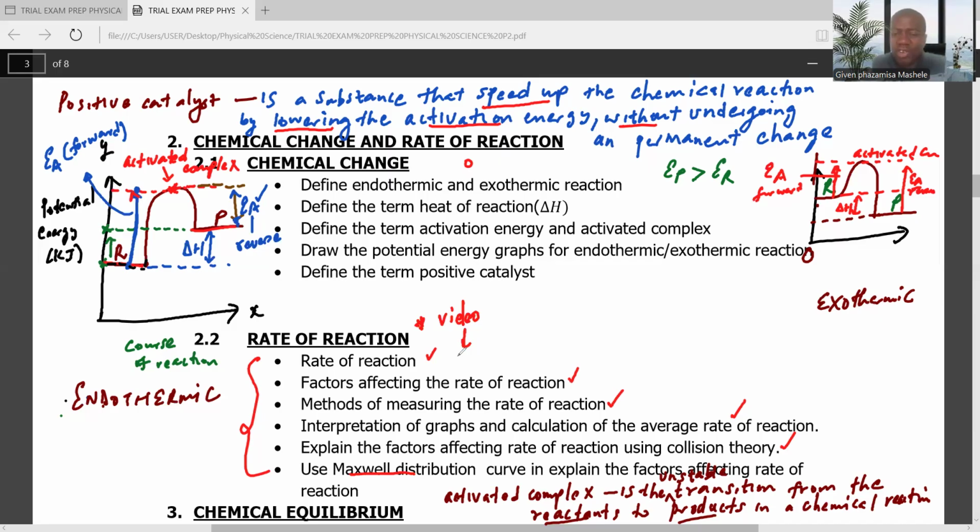Remember, the factors that are affecting rate of reaction are 6. Number 1, it is the nature of the reacting substance.